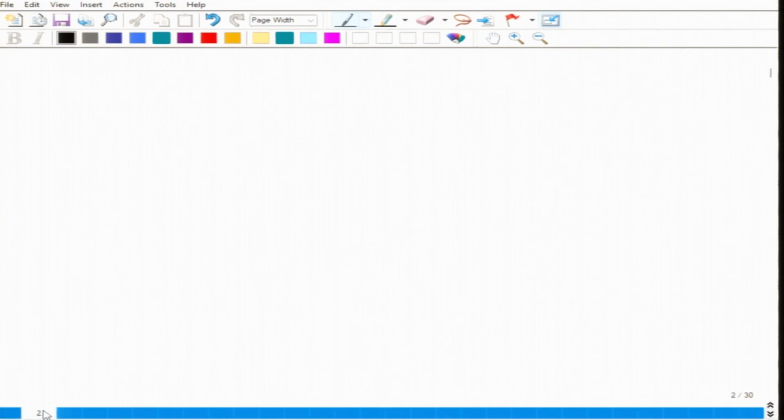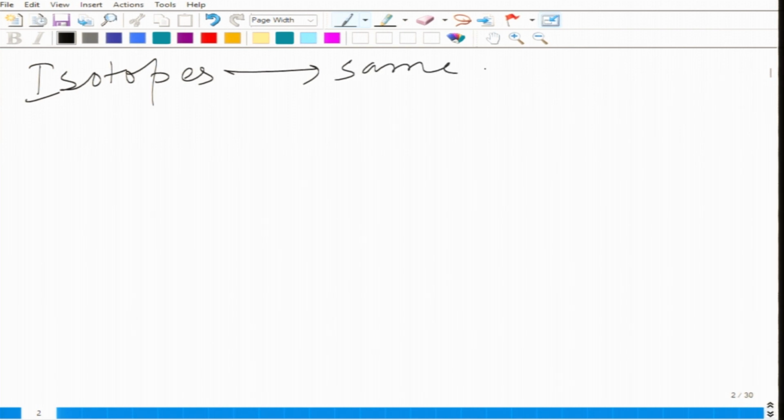So, after that, we had discussed how various elements are related. First one was isotopes. What were isotopes? Isotopes were the same element, that is, same atomic number but different mass number.